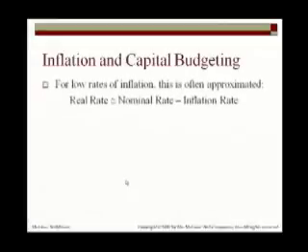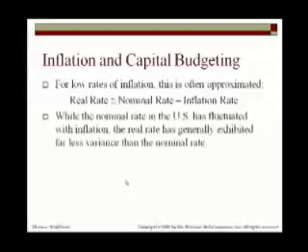Now, there is an approximation. And unfortunately, your textbook gives you the approximation and then proceeds to give you homework, none of which uses the approximation. But if the inflation rate and the real rate are low, you can say approximately that the nominal rate is equal to the real rate plus the inflation rate.